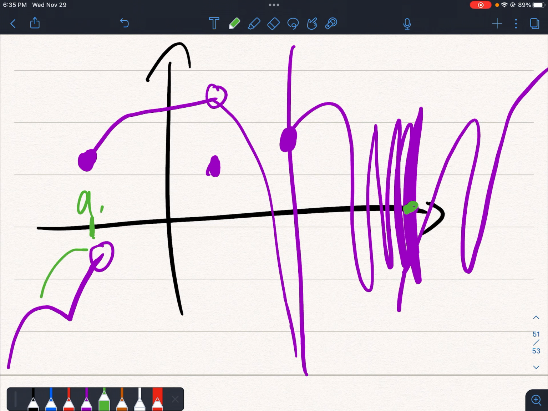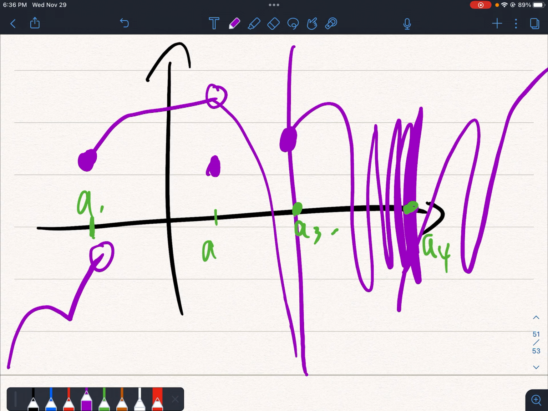So the first point is here. So we call it A1, right? Because the left limit is not equal to the right limit, so the limit does not exist. And the second one is here, because although the limit exists, the limit is not equal to the value at this point. The third one is A3, because the left limit is negative infinity.